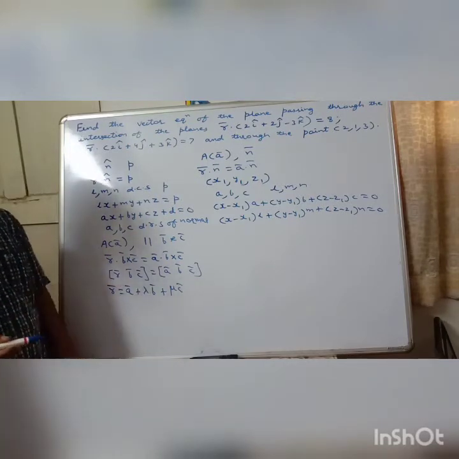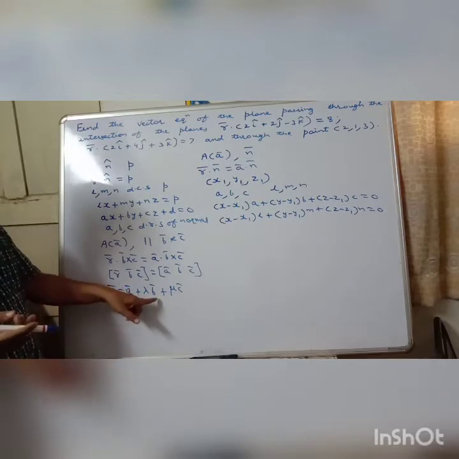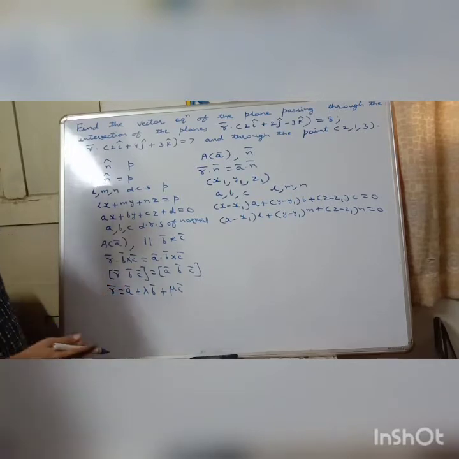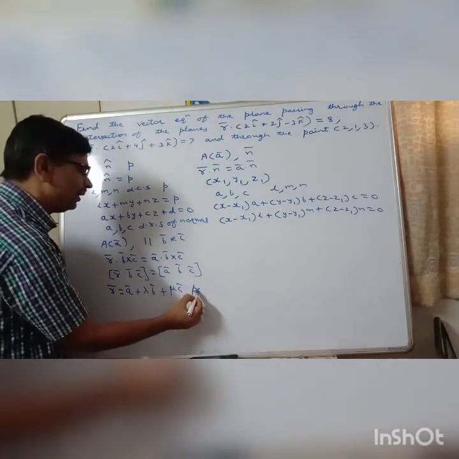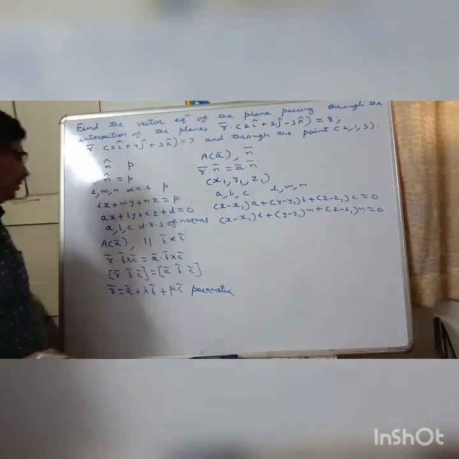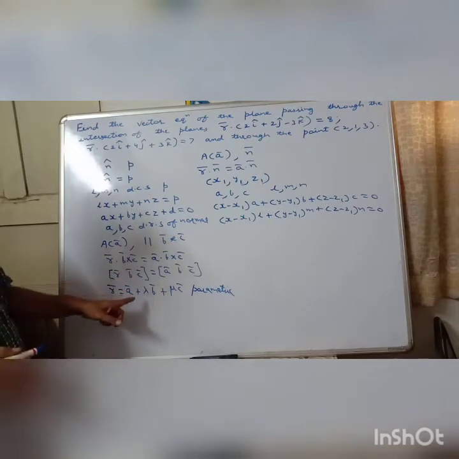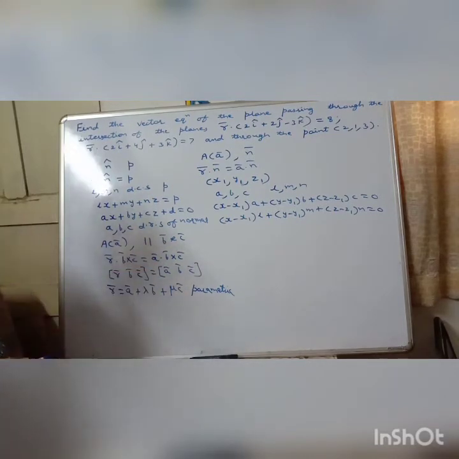Here lambda and mu, they are real numbers, scalar quantities. Here they are also known as parameters. So this is vector equation of plane in parametric form. This is also vector equation of plane, but it is in non-parametric form because here parameters are absent.